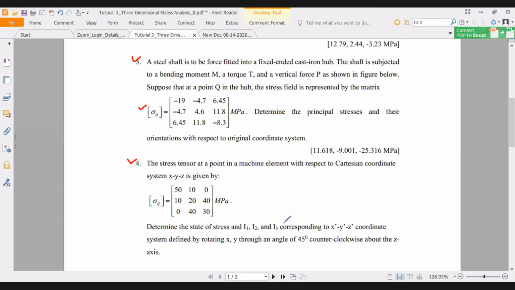Have you studied these things in your theory class? Yes or no? These I's are actually your stress invariants.